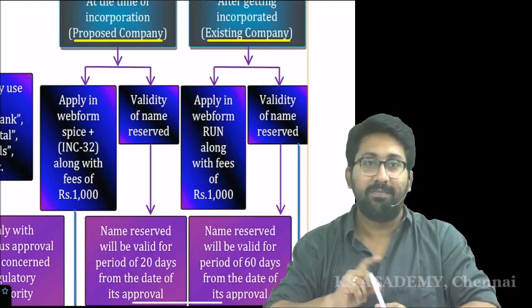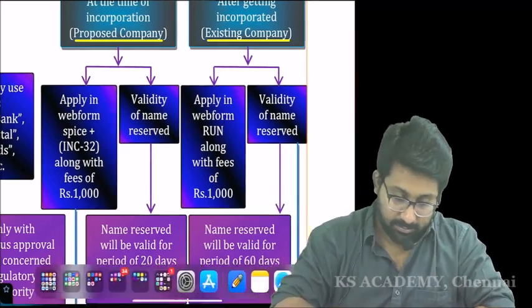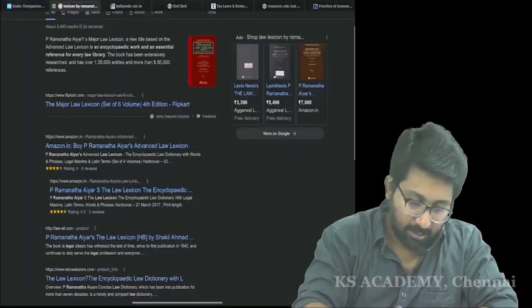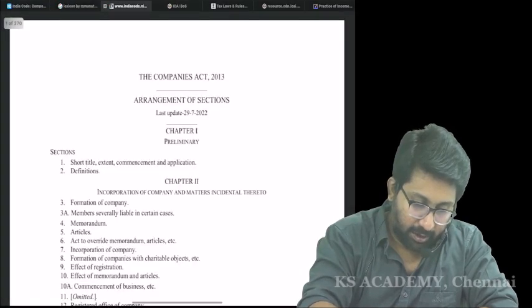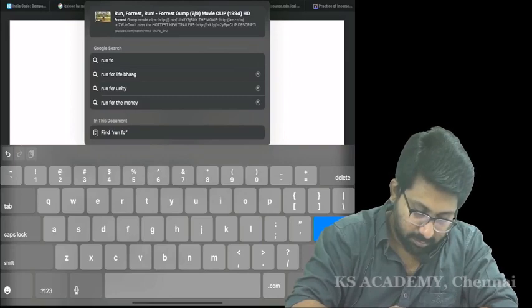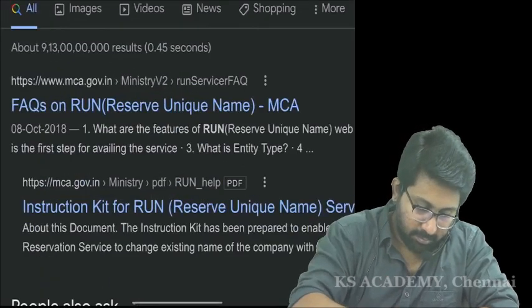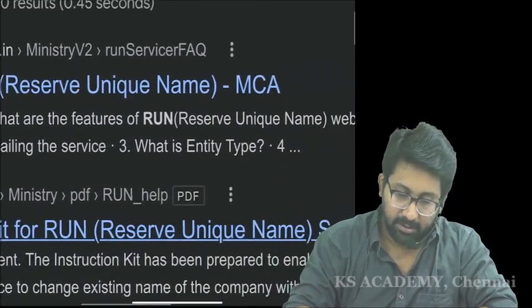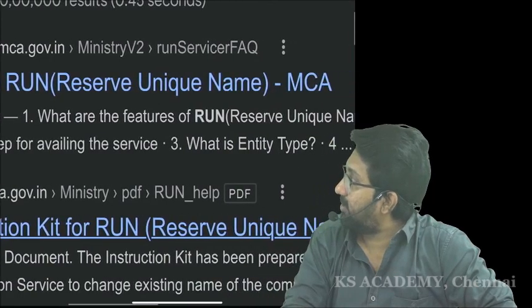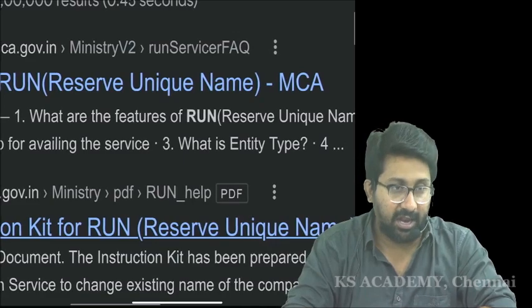RUN means Reserve Unique Name. What is the name of the form? RUN.